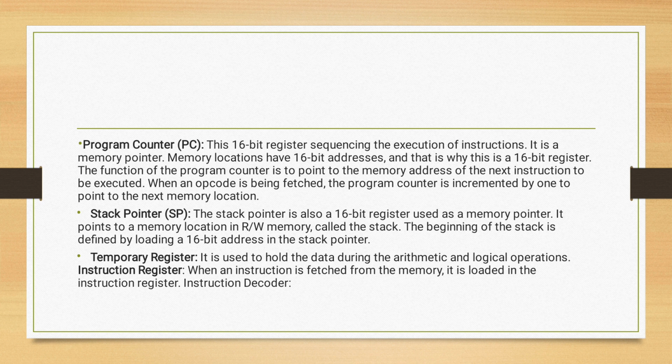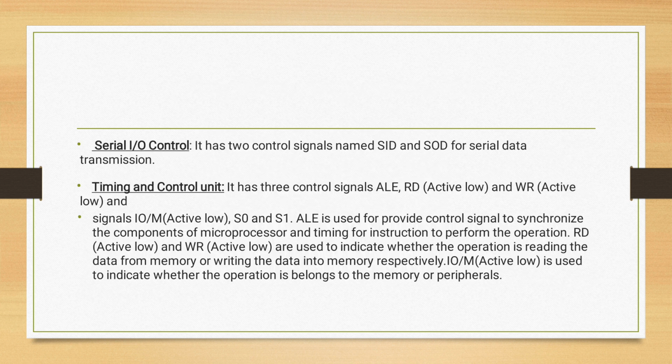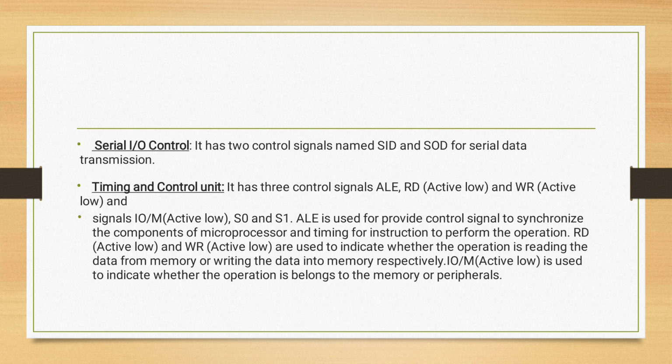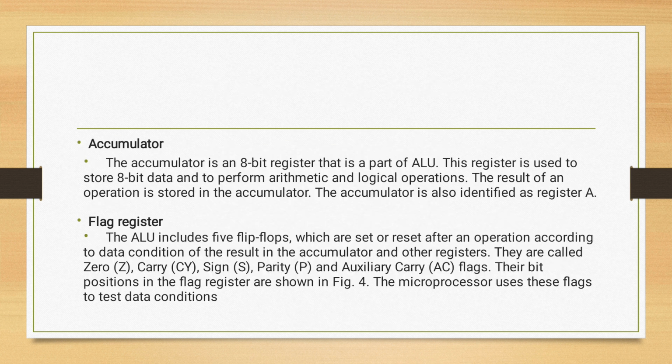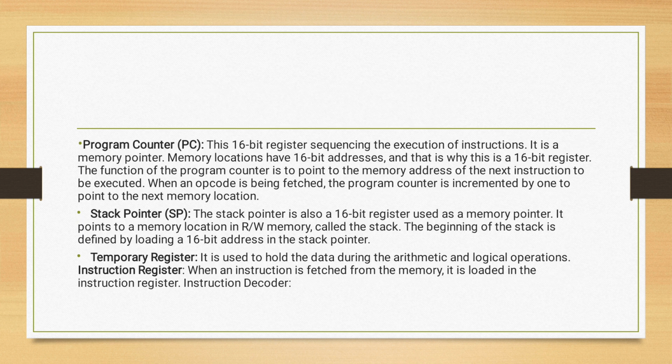So now, if we observe the architectural view of Intel 8085, which I have already discussed, here we can see there is a stack pointer and program counter. So what is the basic meaning of program counter? The program counter is a 16-bit register.